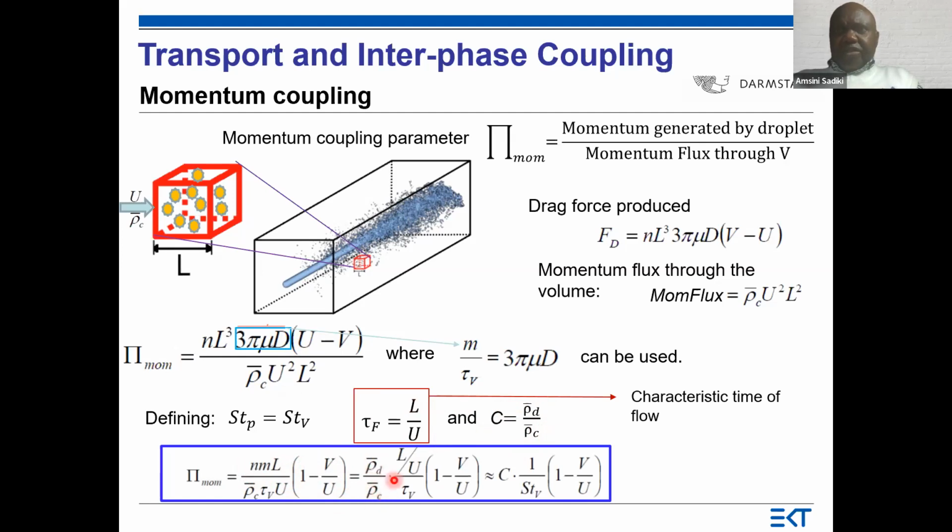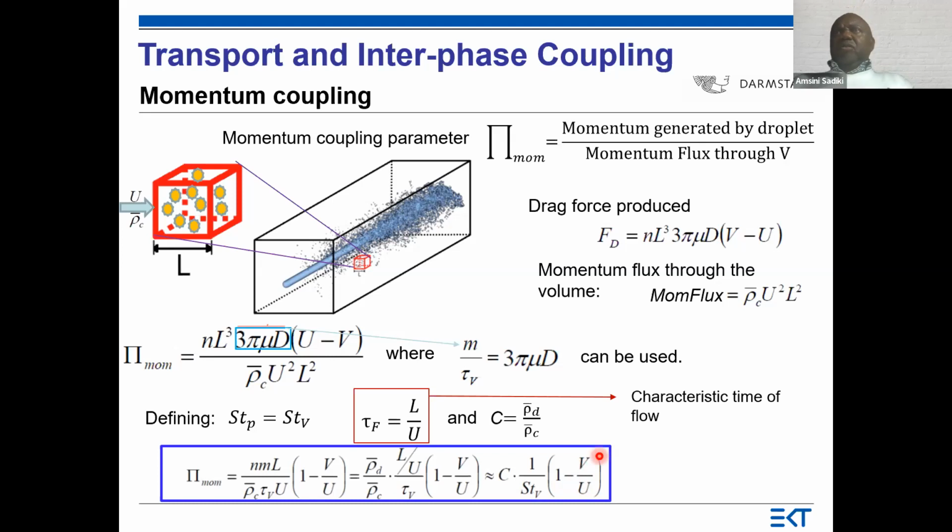If we replace this quantity by C, this is the characteristic time of the flow divided by this. We have the Stokes number based on the dynamic particle relaxation time, and we have 1 minus this quantity.